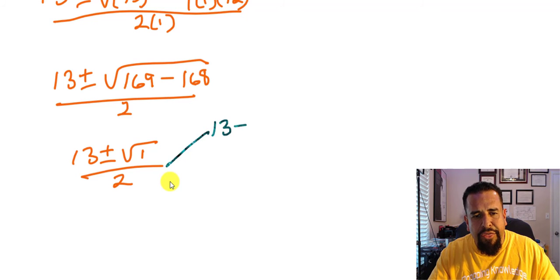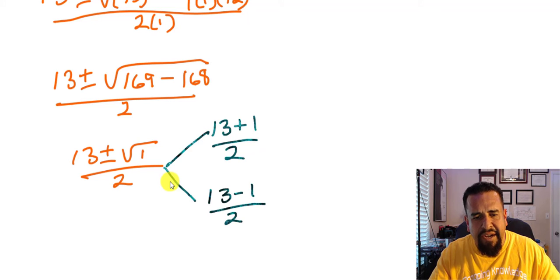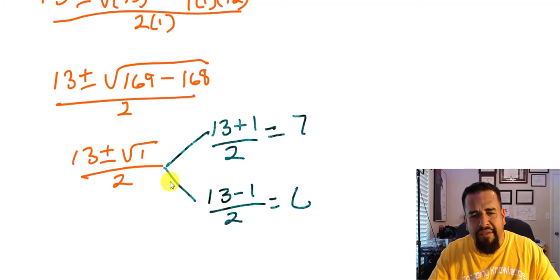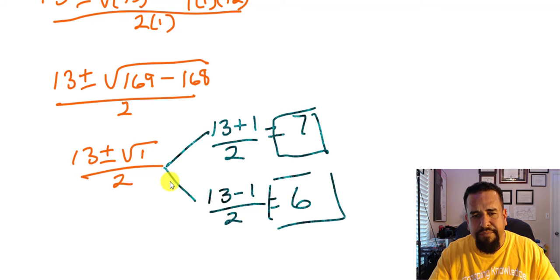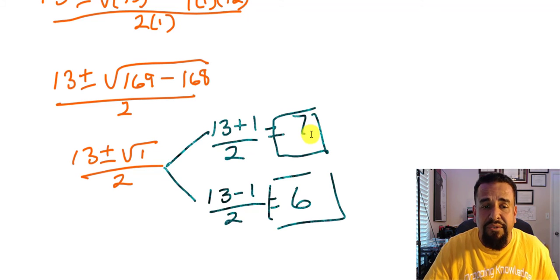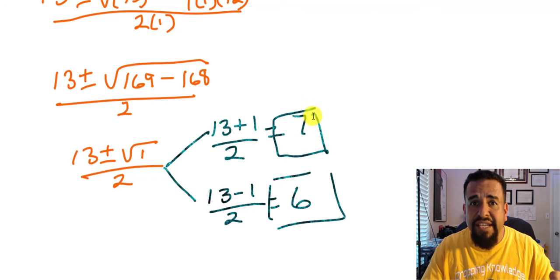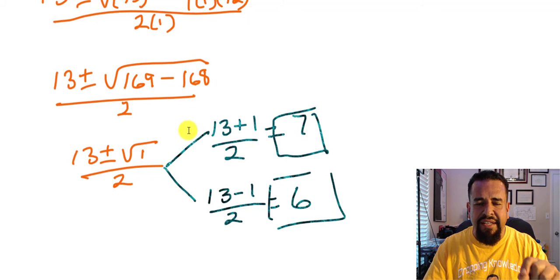So we have 13 plus 1 divided by 2, and we have 13 minus 1 divided by 2. So we get here 14 divided by 2 is 7. And here we have 12 divided by 2, which is 6. These are my two answers here, my two x values. And at this point, this is my exact answer, 7 and 6.